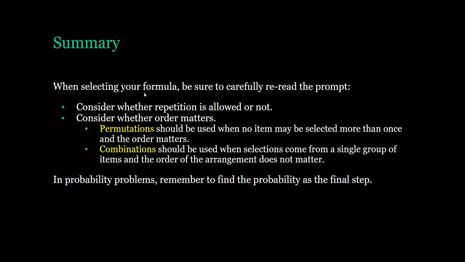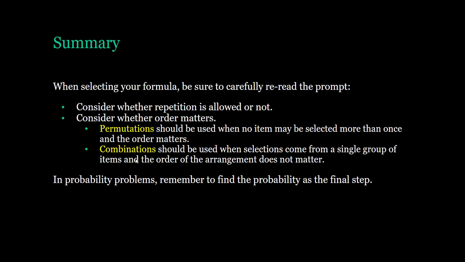Okay, in summary, these were a few examples you may encounter in your homework when dealing with arrangements. When selecting the formula or the approach, you want to consider whether repetition is allowed or not. Following that, when you know that you can't have repetition, then you need to consider order. If order does matter, then you're using a permutation.